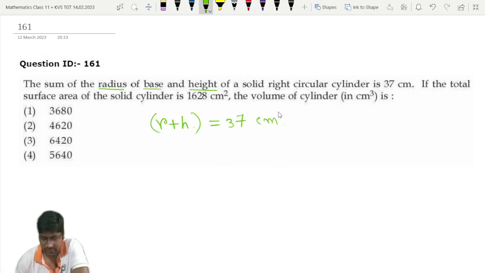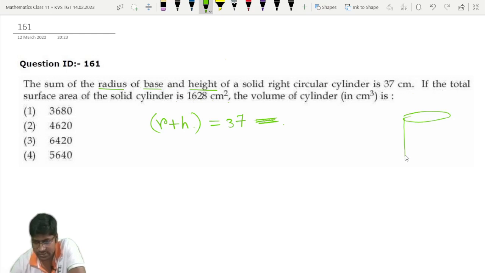Let me skip the centimeter because it will be there on both sides. If the total surface area of the solid cylinder is 1628 centimeter square, what will be the total surface area of a solid cylinder?